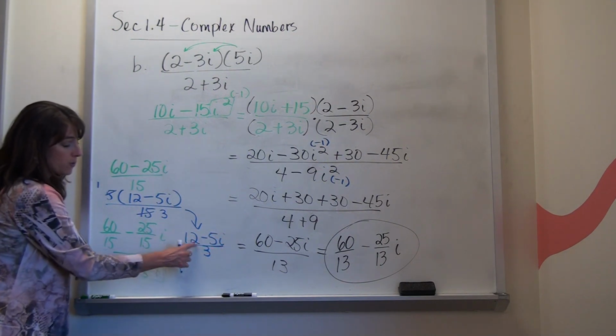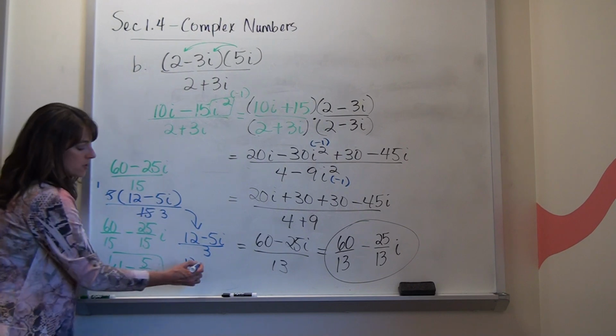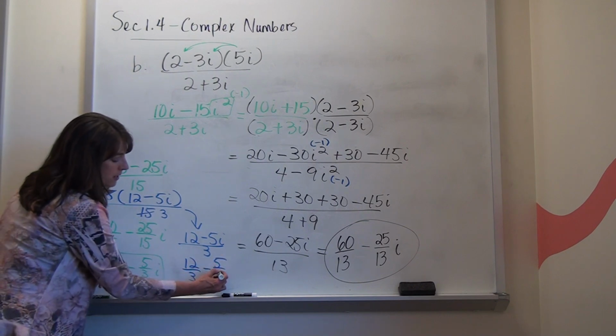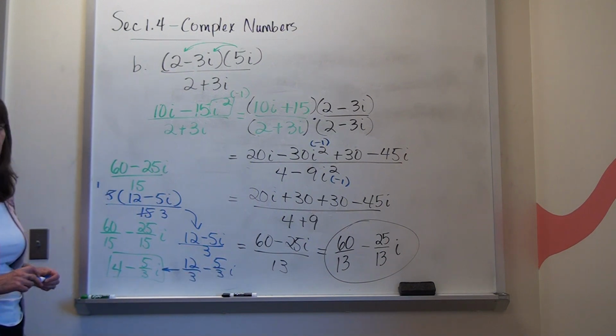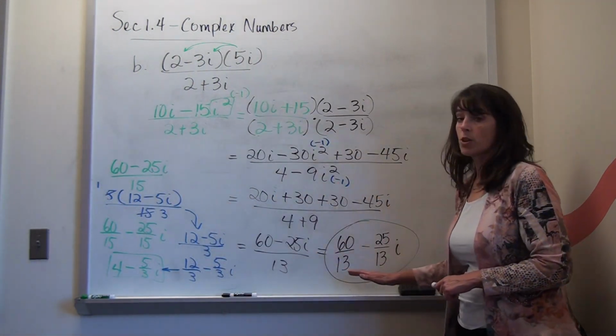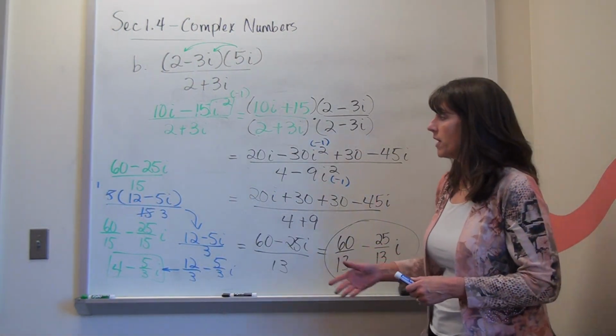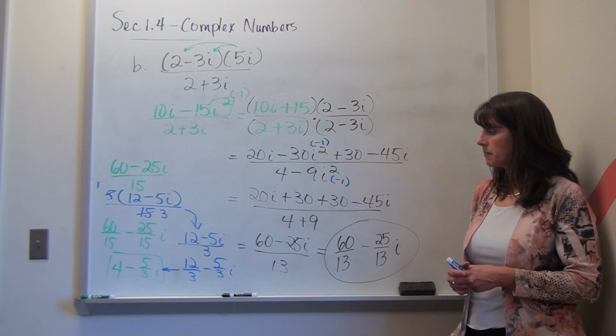And here's the real part, 12 over 3, like we had said before, and here's the imaginary part, that 5 over 3. And 12 over 3 still simplifies to the 4. And that's how you get that. Again, that's not the answer that you got. The answer you got over here was with the 13. I was just saying, what if it was something that actually could simplify?